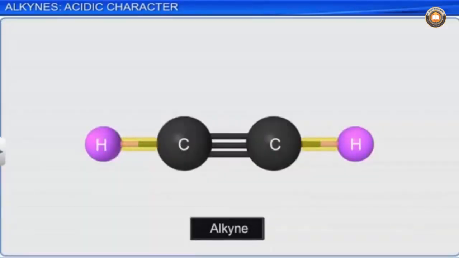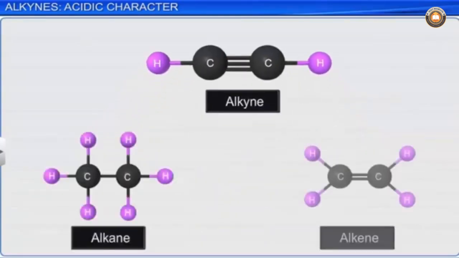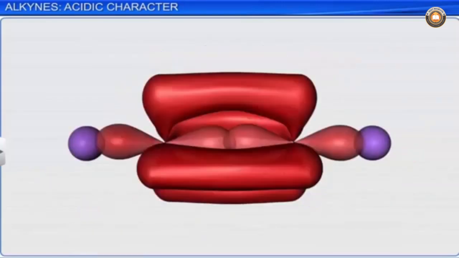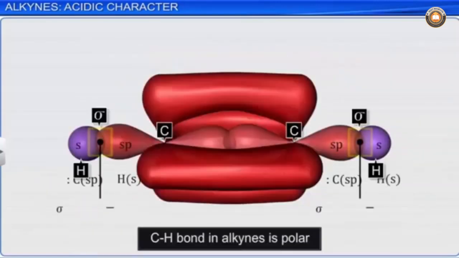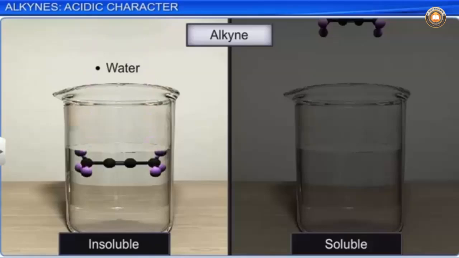The CH bond is attached to the carbon atom with the triple bond in alkynes. Alkynes exhibit some polarity, unlike alkanes and alkenes, which are non-polar. This is because the CH bond in alkynes is slightly polar due to the sp hybridization of carbon. As alkynes are largely non-polar and water is polar, alkynes are water insoluble.